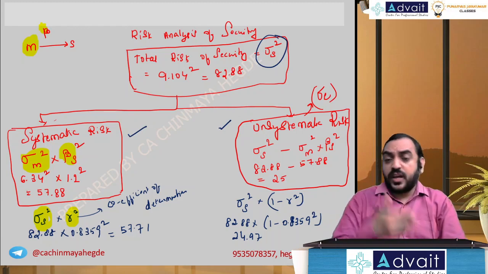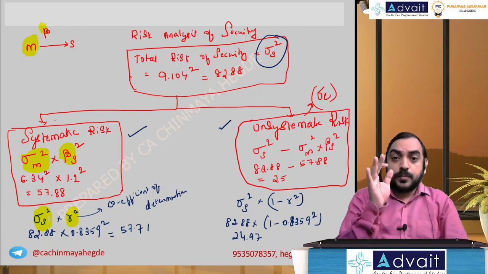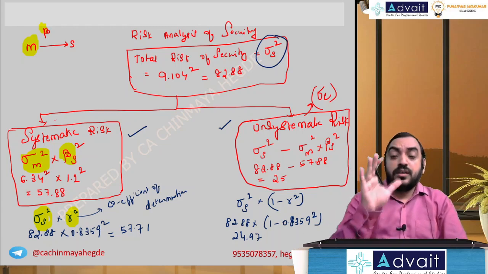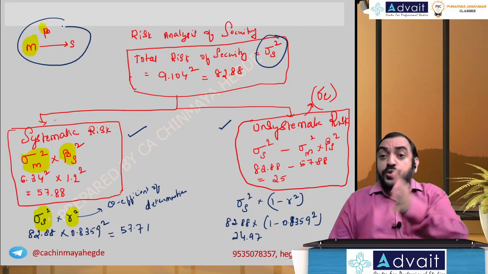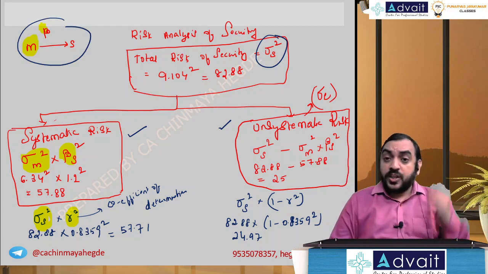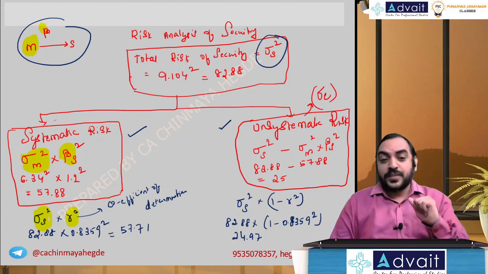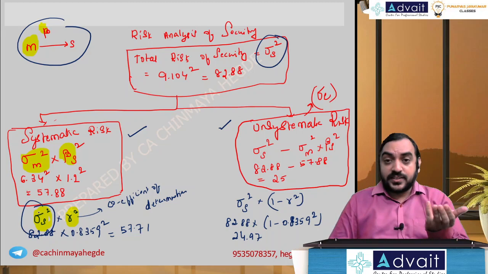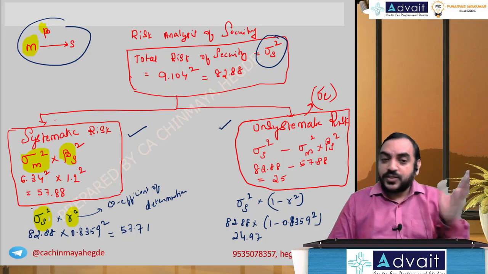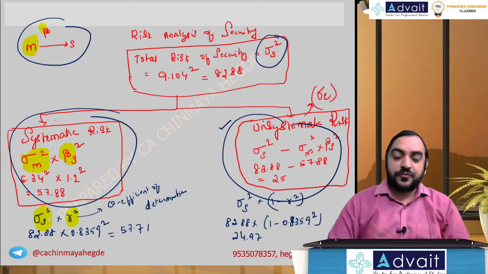More than using R square, the practice of using beta is more relevant and reliable from an exam point of view, because this concept, market to security, I'll be using in many other places as well. So that concept, I hope, is going to be strong in your mind, easy to apply. But when I use the coefficient of determination, I have to use security variance. You have to change your mind a little bit. And this may not be given in the problem in all questions. So I would recommend the first method, the beta method, from an exam point of view.